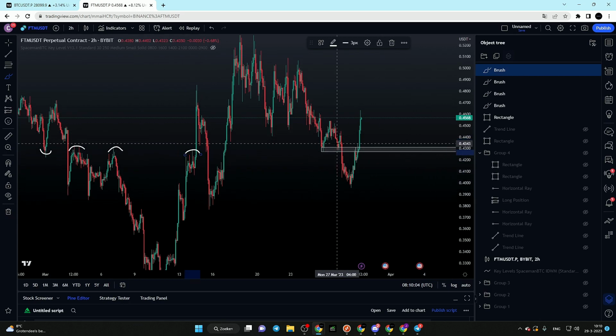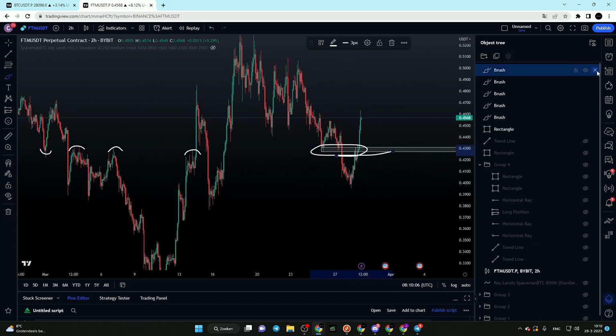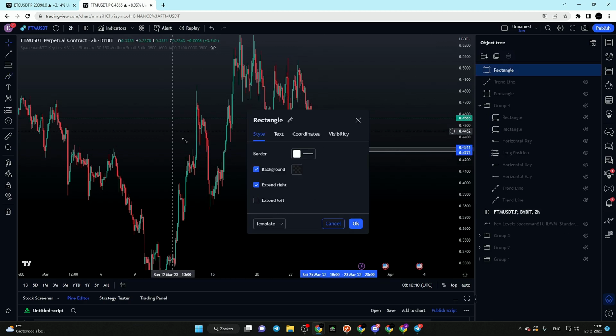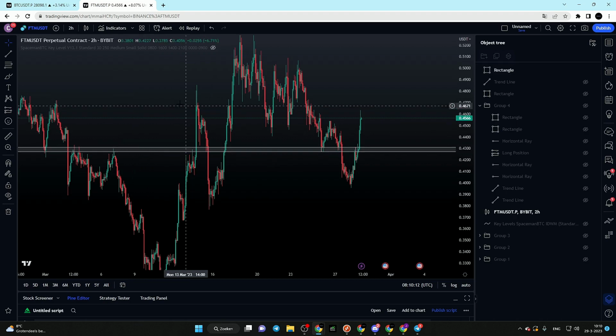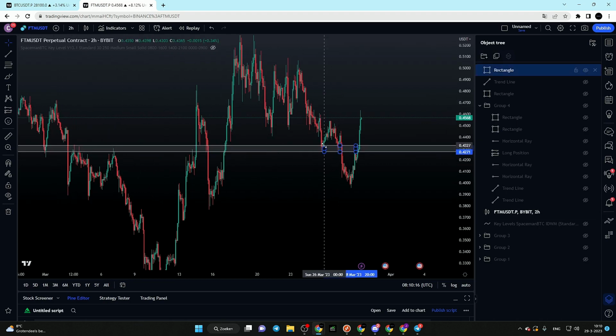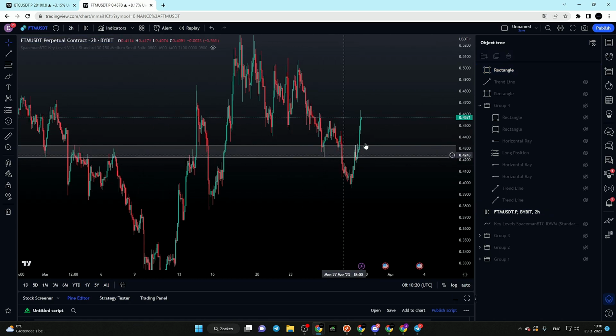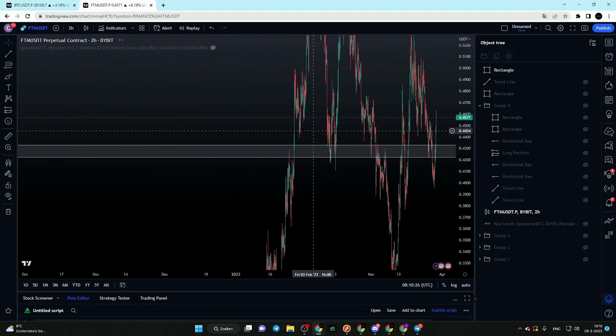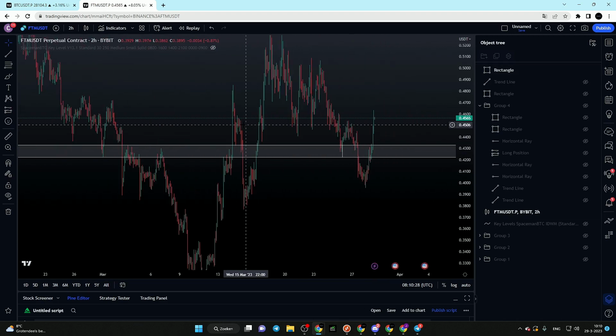So we can see that not only over here it was a pivotal area, but if we extend this area to the left, we can see that the area is even more interesting. We can maybe even higher the area a little bit and also lower the area a little bit, so that we take all of the wicks that were included in the past. Beautiful price action area of support and resistance also over here for the Phantom price.